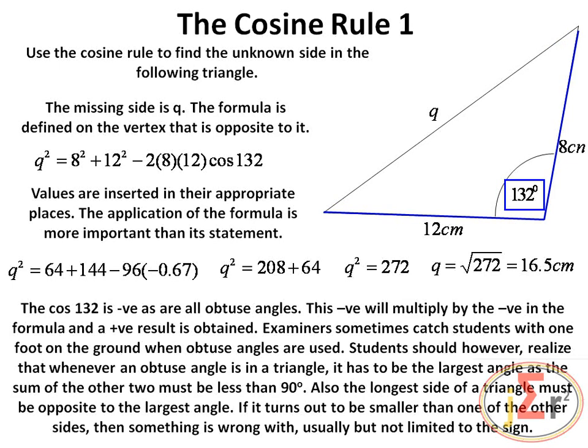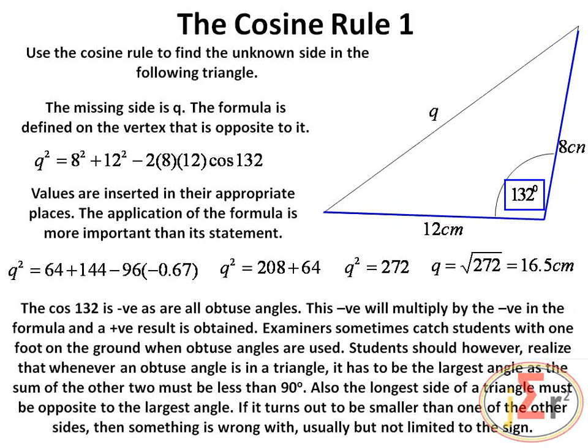Now, whenever we have an obtuse angle in a triangle, the sum of the other two angles must be less than 90 degrees. Also, the longest side of a triangle must be opposite to the largest angle. If we're working out a side that is opposite to an obtuse angle and it turns out to be smaller than any other side, then something is wrong.